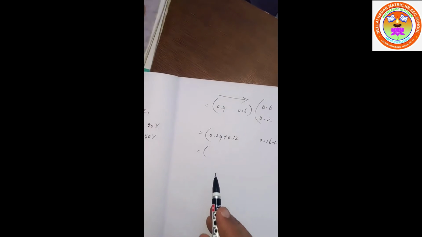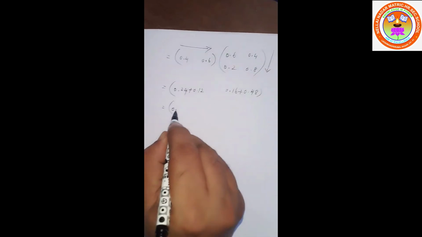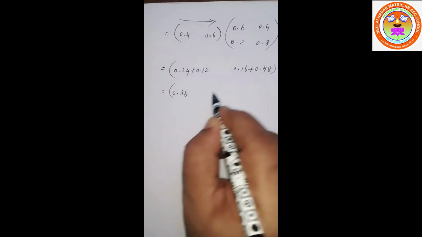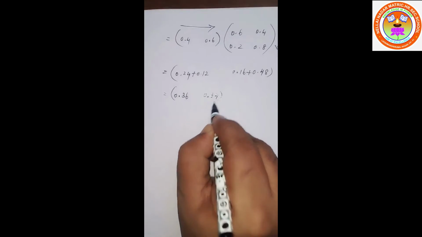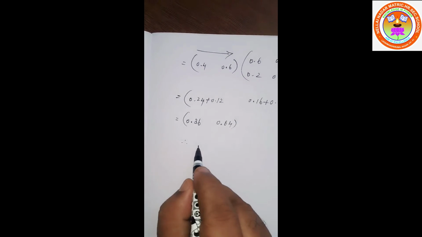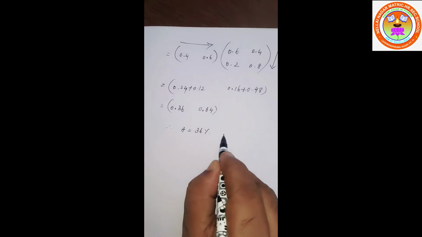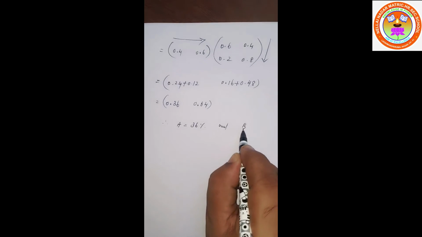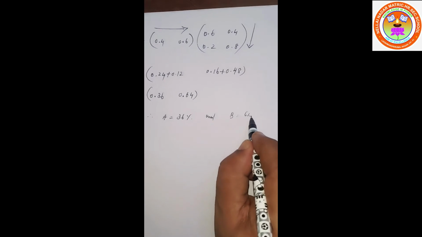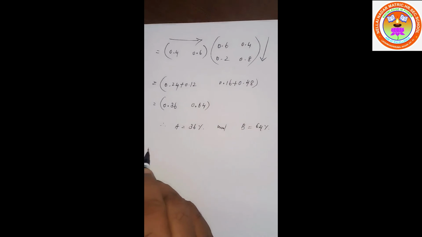0.24 plus 0.12 is equal to 0.36, and together 0.64. So shares after 2 weeks: A equals 0.36, that is 36%, and B equals 0.64, meaning 64%. Now second subdivision, see the question.